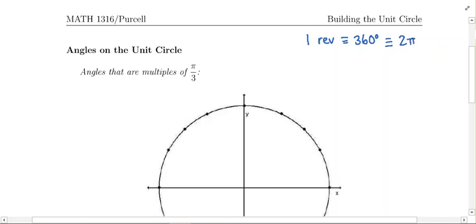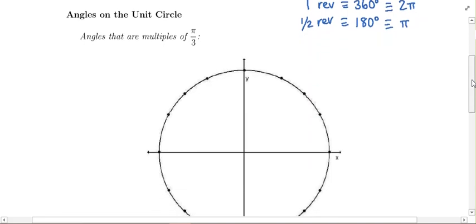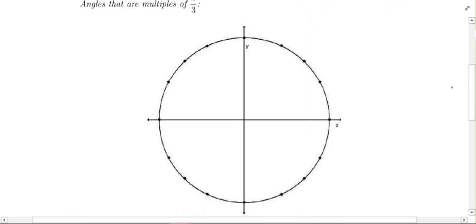If we only look at half the circle, a half revolution, we cut all of this in half. Half a revolution is 180 degrees, which is equivalent to pi radians. So for this circle, we can pretend it is the unit circle, and I am going to look at a half circle to start.